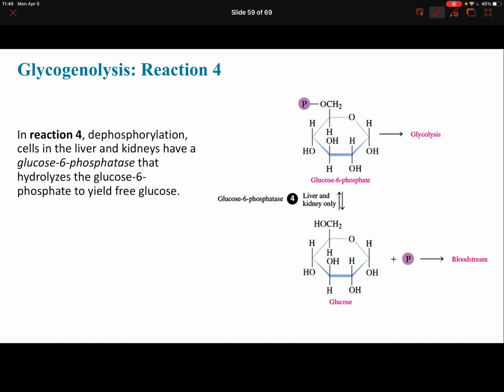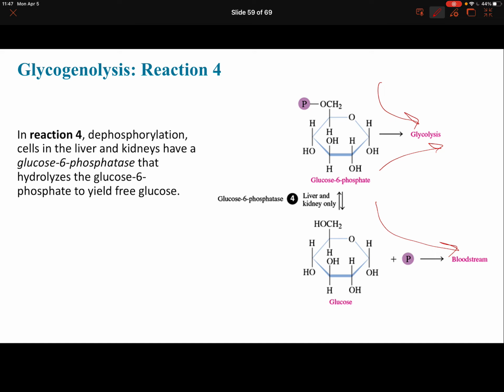Reaction 4, dephosphorylation. Cells in the liver and kidney have a glucose 6-phosphatase that will hydrolyze glucose 6-phosphate to yield free glucose. This will put free glucose into the bloodstream so it can float around. So this is not glucose that's ready for glycolysis; this is just bloodstream glucose. Remember, glycolysis is inside the cells, so the bloodstream is getting it to other cells.